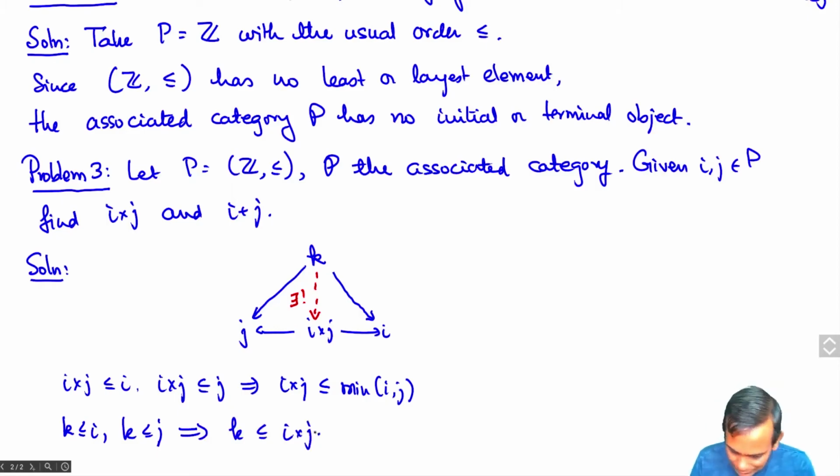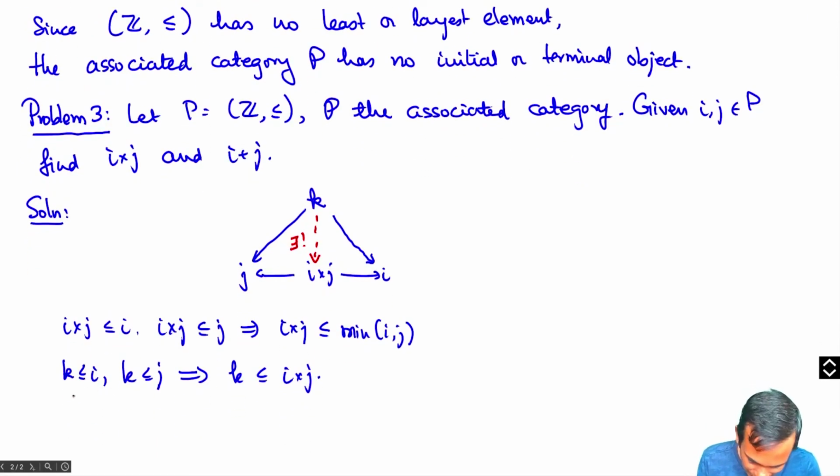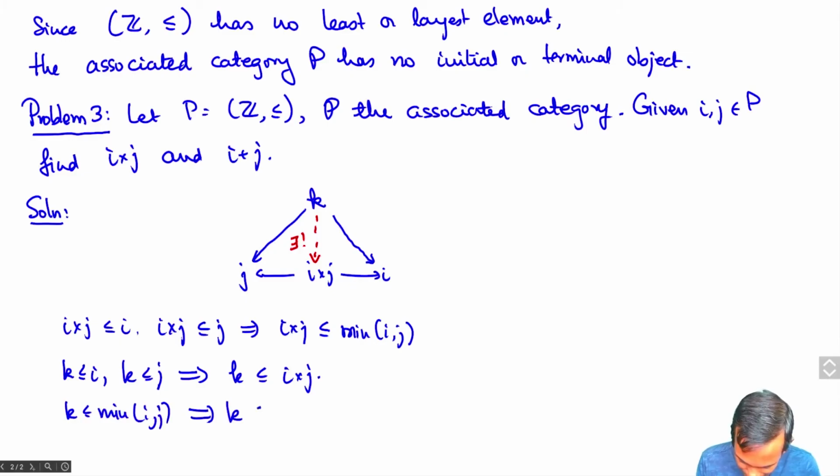So this condition is saying that k less than or equal to min(i, j) implies that k is less than or equal to i cross j. So the first condition implies that i cross j is less than or equal to min(i, j), and the second condition implies that i cross j is greater than or equal to min(i, j). So all in all, i cross j is equal to min(i, j).